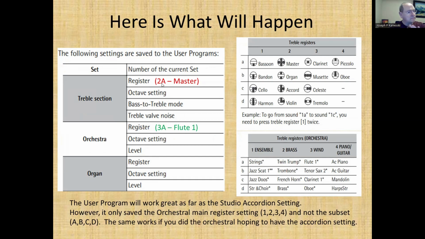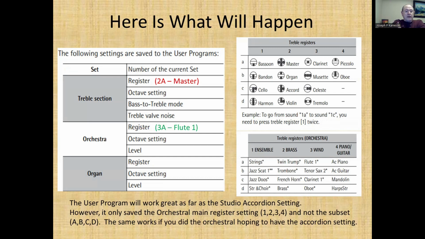You hit 1A, boom, you've got the master. But when you hit that orchestral, you're not going to this tenor sax, you're going to this guy. Okay, you're going to the flute. So, what the user programs do, they're wonderful, okay?